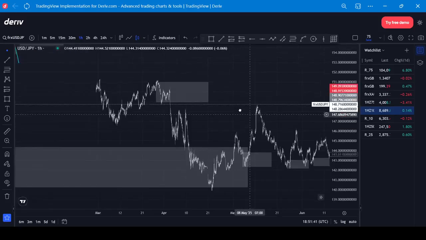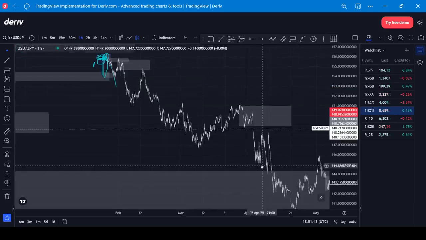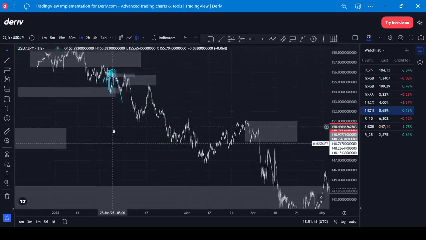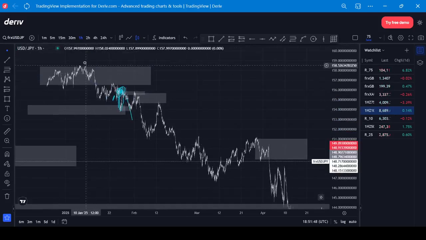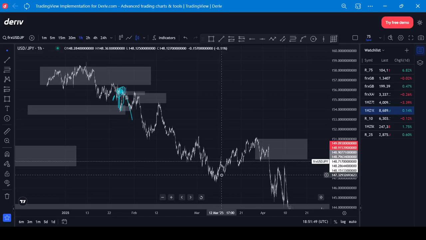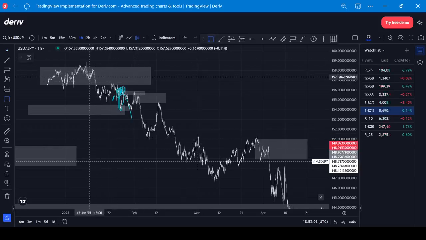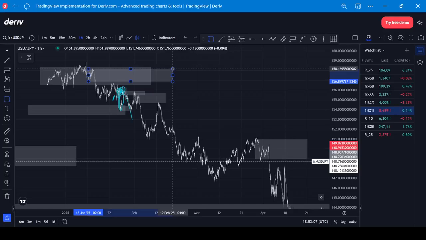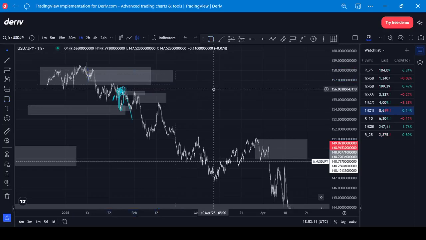Look at this level now. This market structure is down. Let's say this is for Maggi, it is going down. But there are people that will buy from here and it will go up, they will make profit. Others will buy from here, it will go up, they will make profit. But the people that are selling are the ones making the bigger profit. Why? Because the structure is a down structure, and it's easy to be selling.